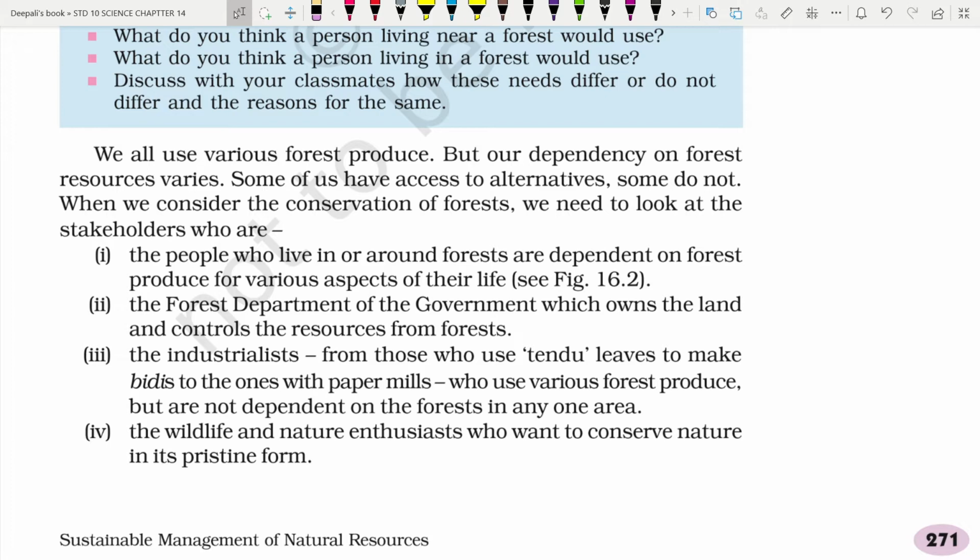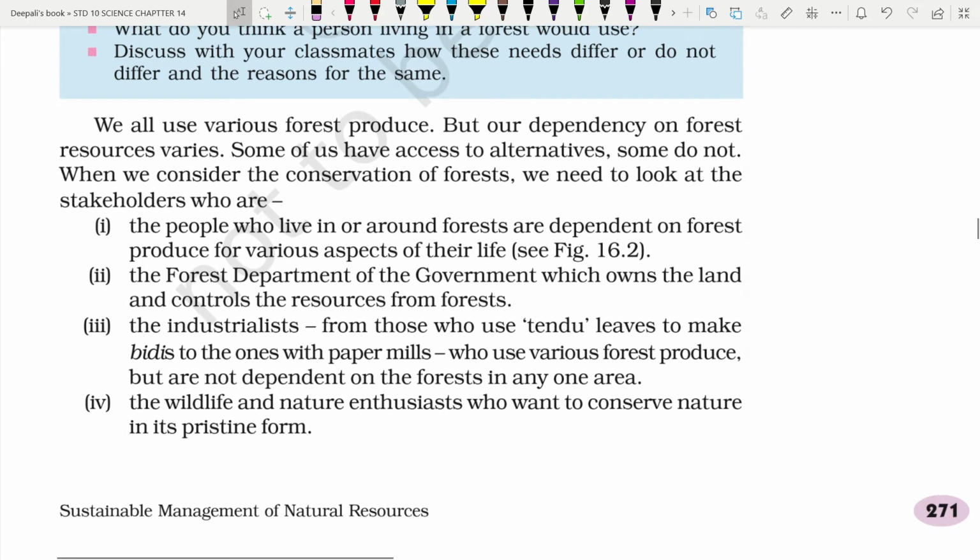When we consider the conservation of forest, we need to look at stakeholders, who are the people who live in or around forest and are dependent on forest products for various aspects of their life. A forest department of government which owns the land and controls the resources from the forest. These all are stakeholders.